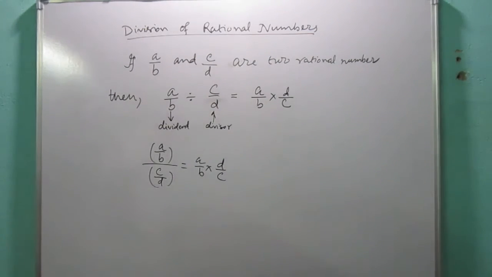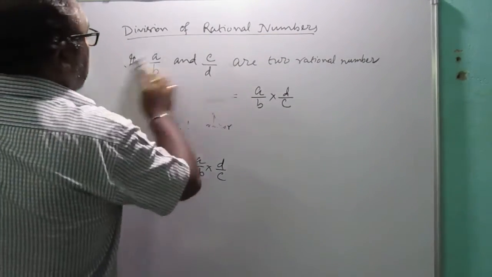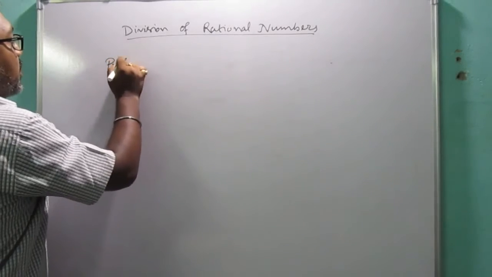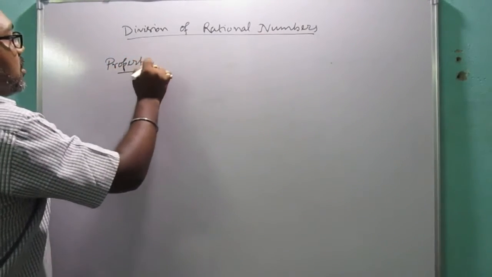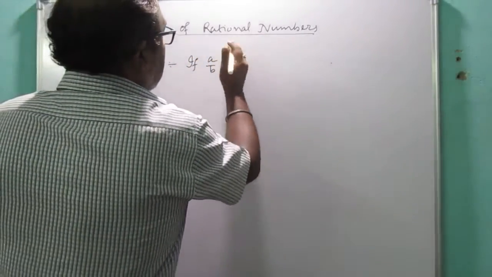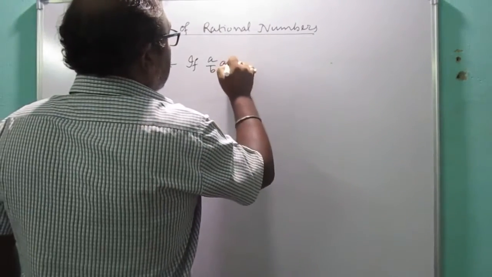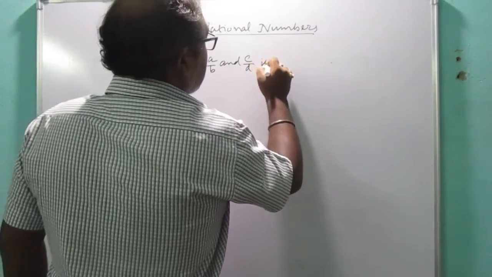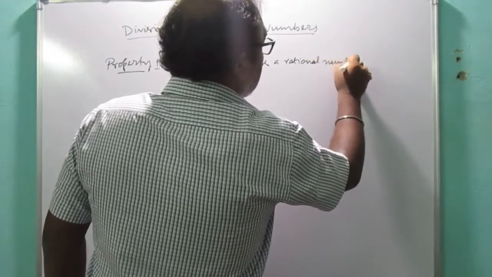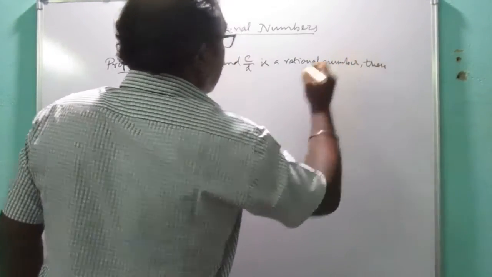So the first property tells that if A by B and C by D are rational numbers, then what happens?